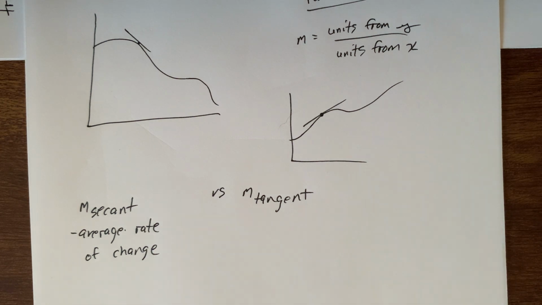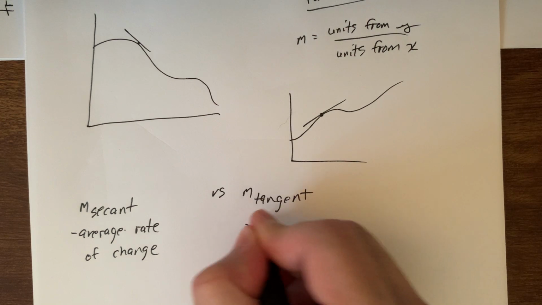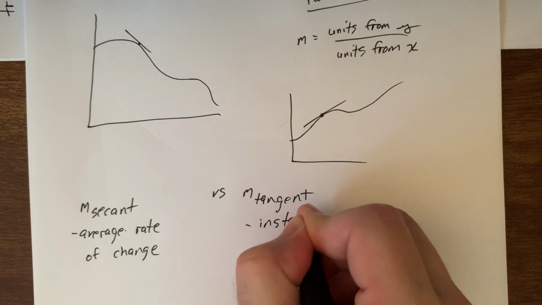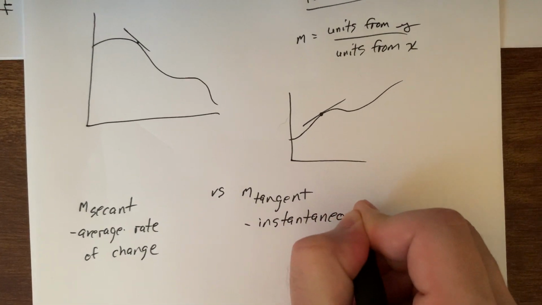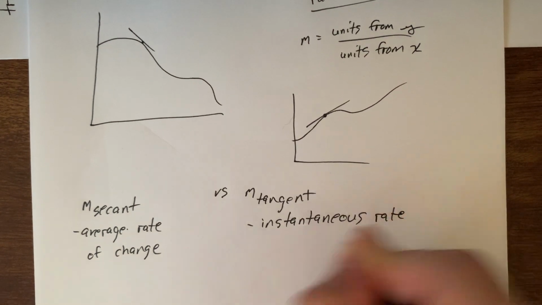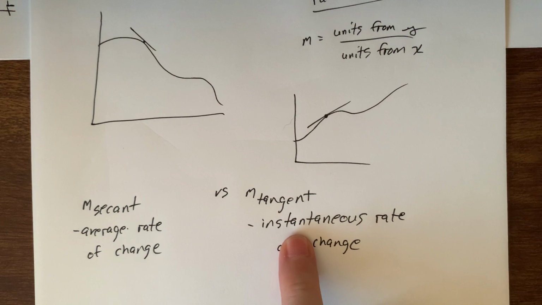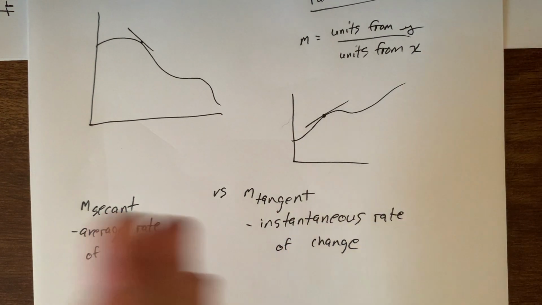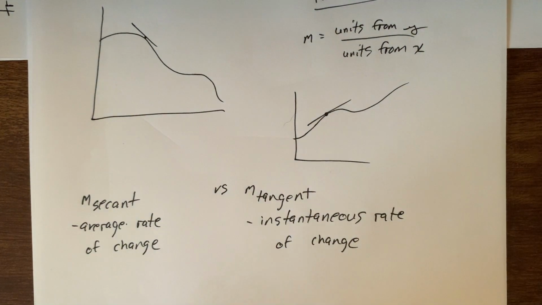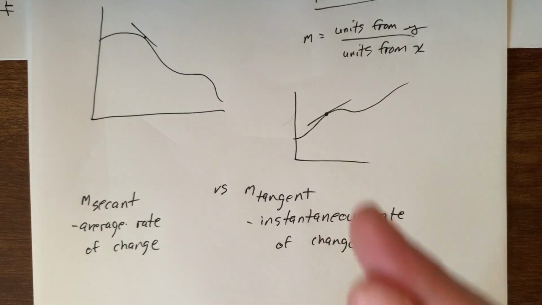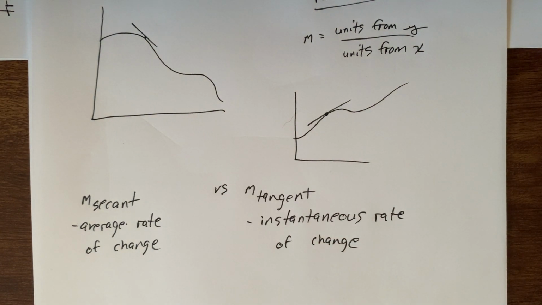Average certainly helps, but there's a lot of times we would prefer the instantaneous rate of change. And that is what we get from the tangent line. Not what happens over a unit of time, but what happens exactly in that moment. Precisely at that moment, what is happening.